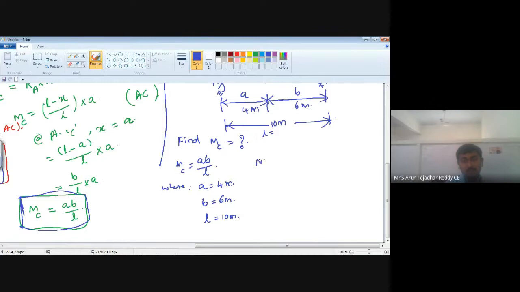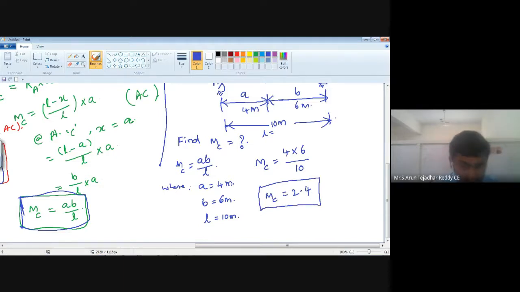Now MC is equal to A into B by L. A is 4, B is 6 by L, L is 10. What is the value? 2.4. MC is equal to 2.4.